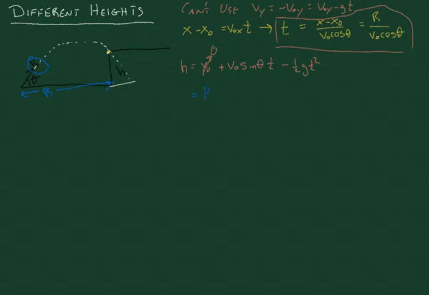So we'll have an r tangent of theta, and then a minus 1/2 g times t squared, so r squared over v0 squared cosine squared theta. And this is equal to h.